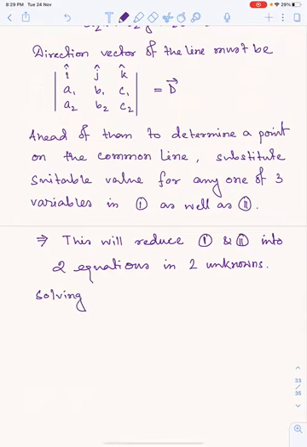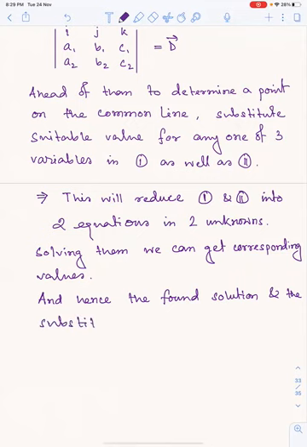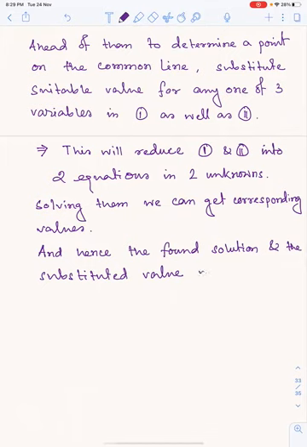Solving them, we can get the corresponding values, and hence the found solution and the substituted value will form the coordinates of a point on the required line.